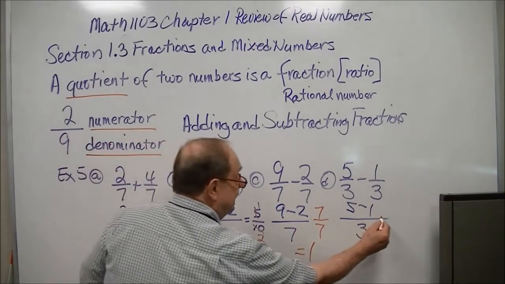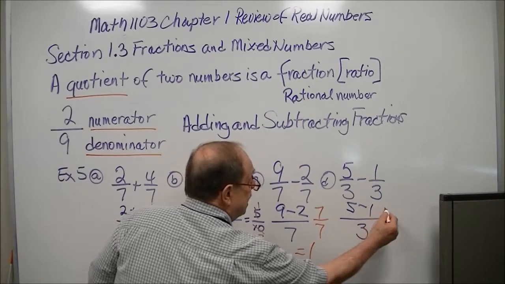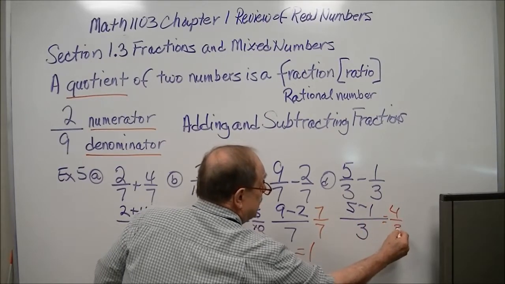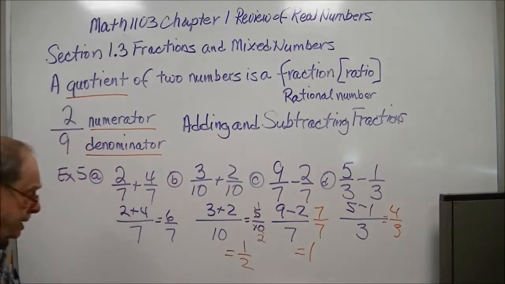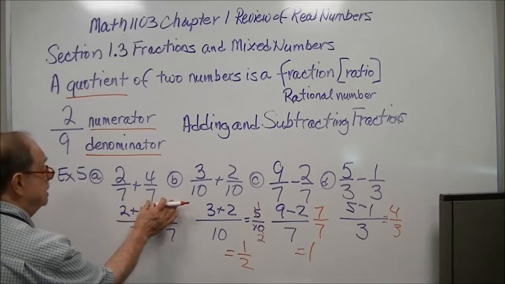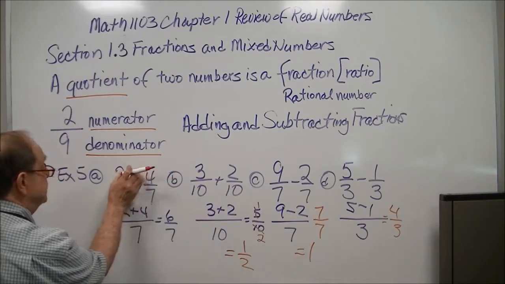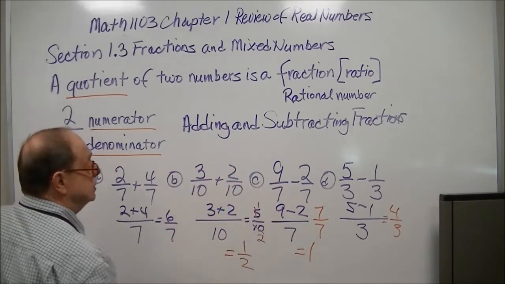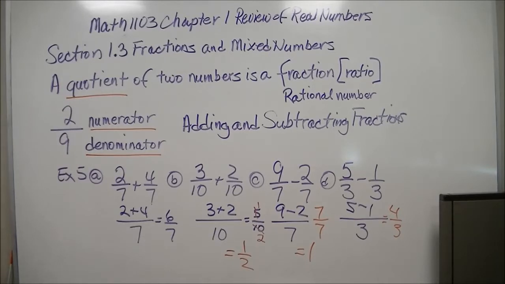And then here we get 4 over 3. Didn't make that 3 very well, but I guess you can see it. And the key is if they are already common denominators, we just do the operation in the numerators, put it over the common denominator, simplify if you can.